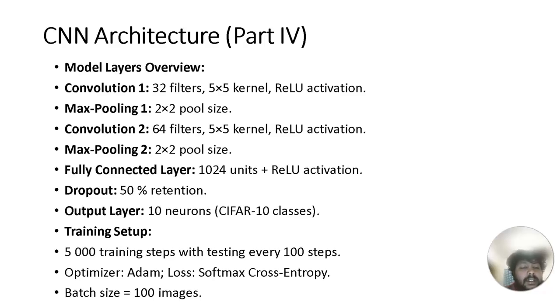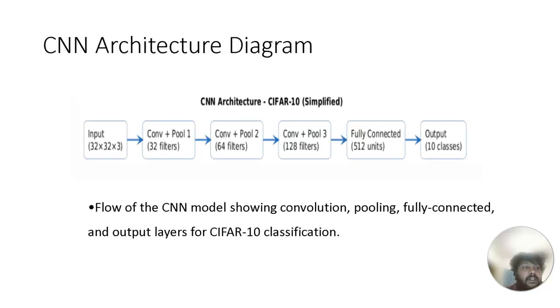The batch size is 100 images, as I mentioned in the intro. And coming to the next slide, the CNN architecture diagram, which shows the connected layers to CIFAR-10, simplified.